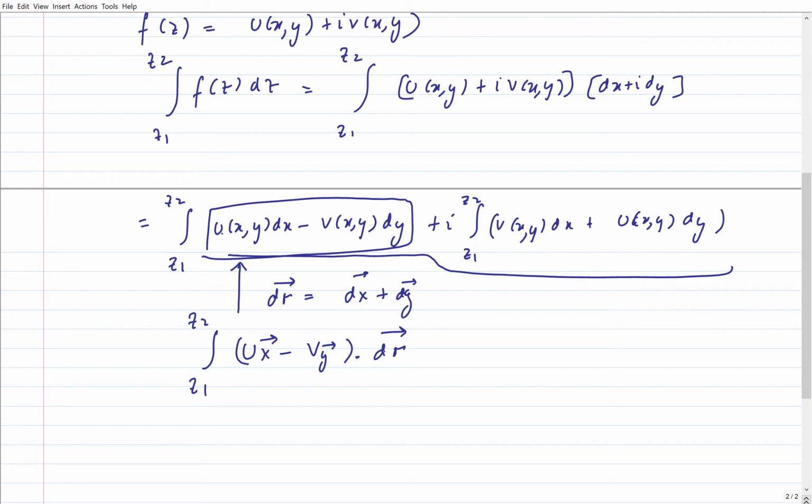The dot product would give me u dx, and the other gives me v dy, plus similarly v in x plus u in y times this vector dr.